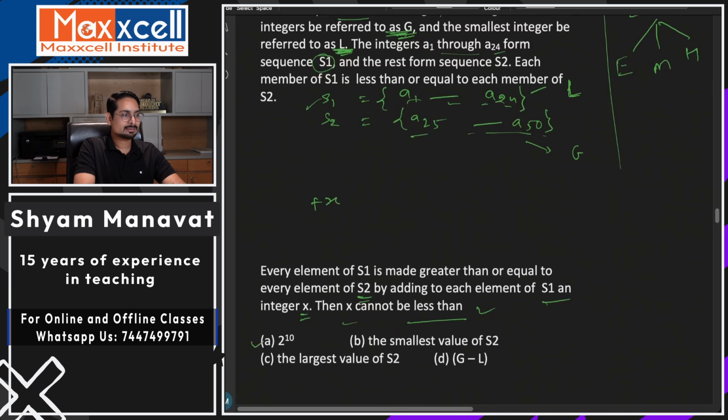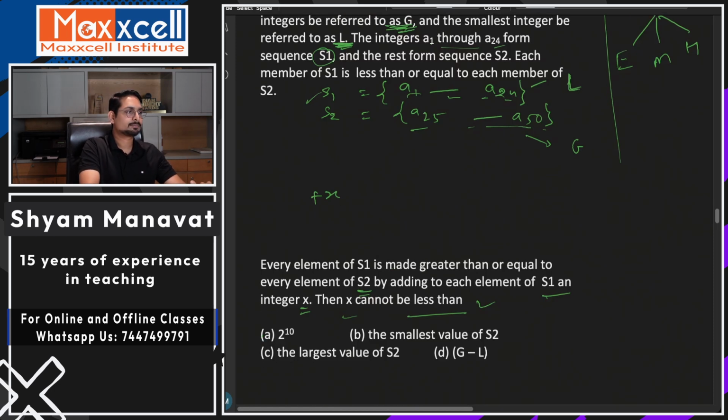Take help of the options. 2 raised to 10: this option has no relevance, there is no 2 raised to anything here, so I'll leave this. Option B says the smallest value of S2. So x should be the smallest value of S2? We are not very sure about this.